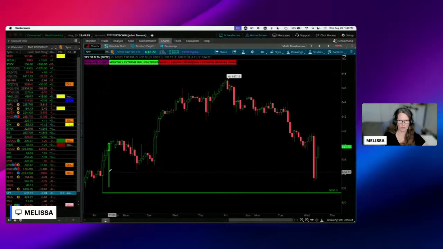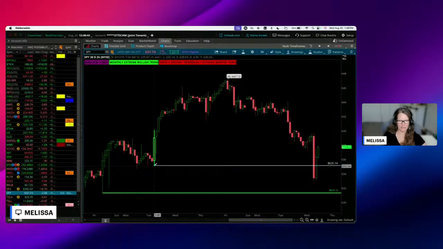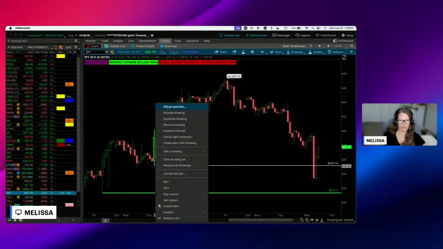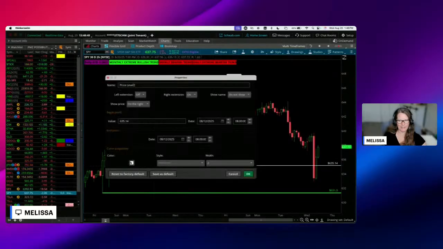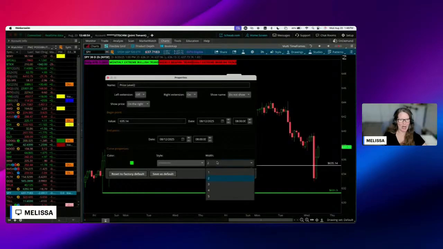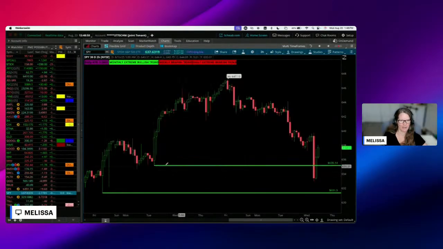Then I want to look at where is that highest level, my baseboard, the top of my support zone, and it is right here on that bottoming wick. Remember, we're pretending like this has not occurred today. All right? So, now this hasn't occurred.